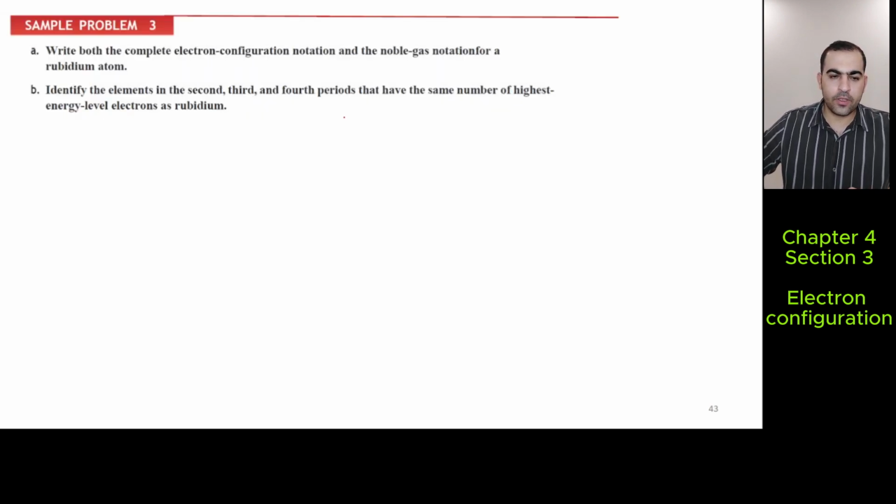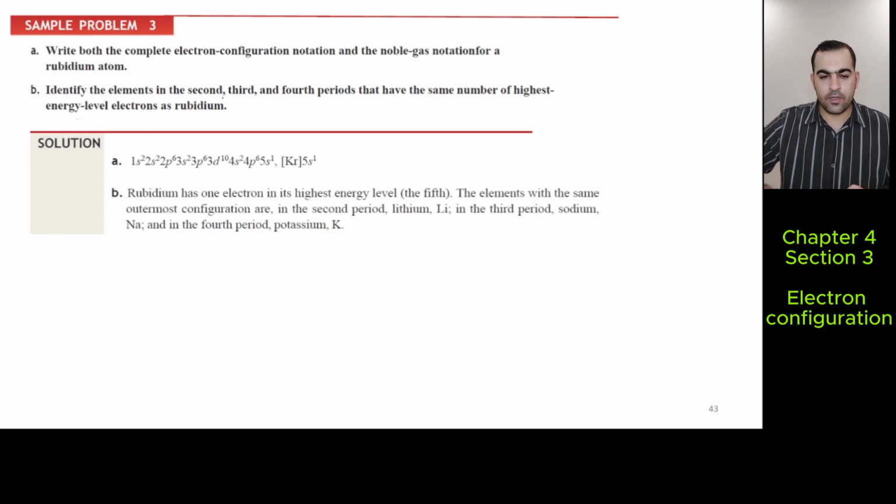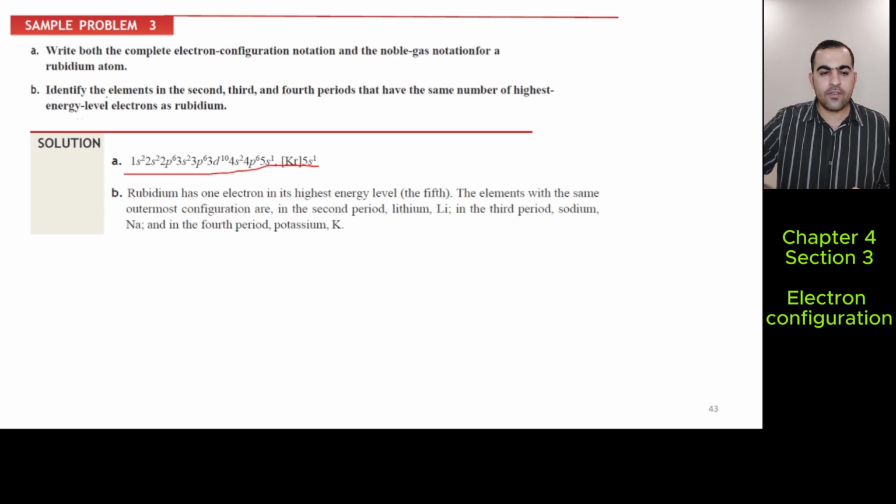Also here, which one you need to know? Here, guys, look. It says write both the complete electron configuration notation and the noble gas notation for the rubidium atom. The electron configuration for rubidium is written here. Then identify the elements in the second, third, and fourth period that have the same number of highest energy level electrons as rubidium.